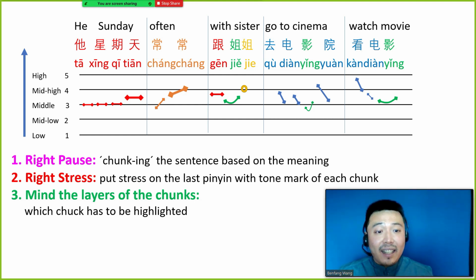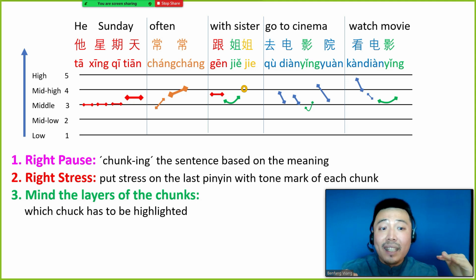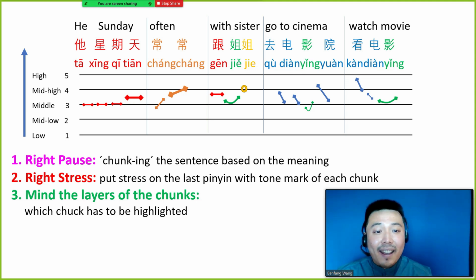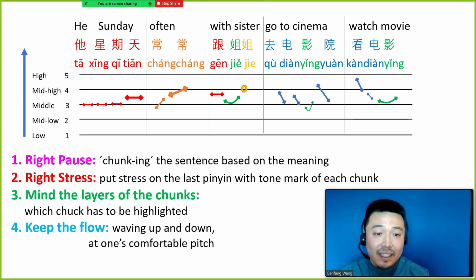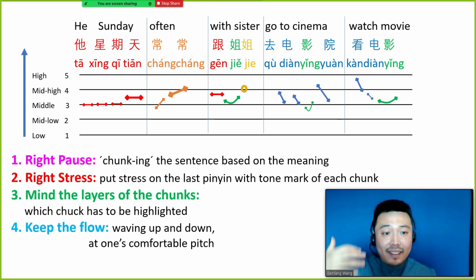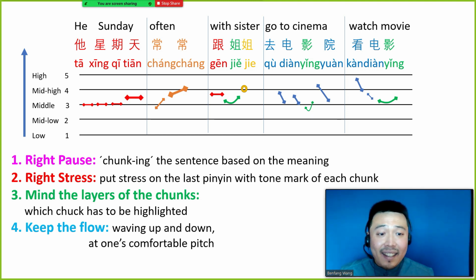他星期天常常跟姐姐去电影院看电影。Very good. And last but not least, to keep the flow, try to feel the rhythm, feel the waving ups and downs, and don't stop in the middle of the sentence.